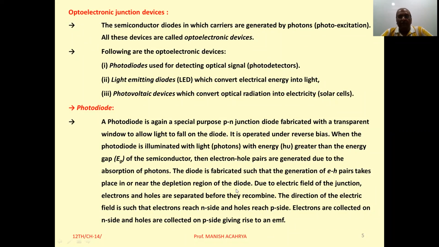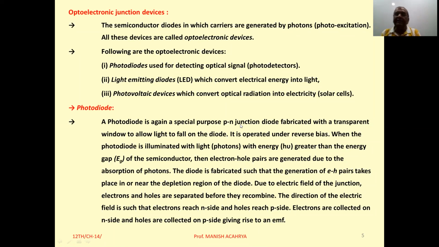Now we already studied this thing. There is an electric field at the junction, and the direction of this electric field is such that the electrons will experience a force towards the n-type semiconductor and holes will experience a force towards the p-type semiconductor.